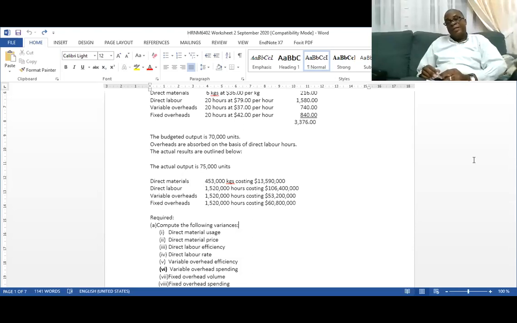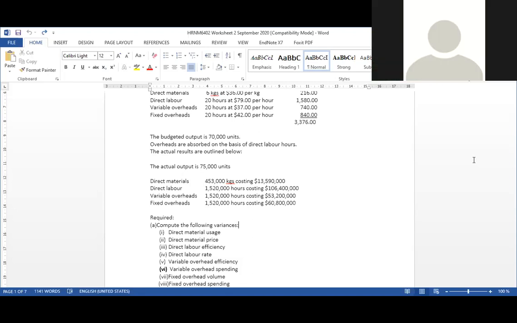Next week I might tell you that. And whether I started one or the other, it's equally correct. And the answer would always be favorable because if my actual output is greater than the budgeted output, my volume variance will be favorable.